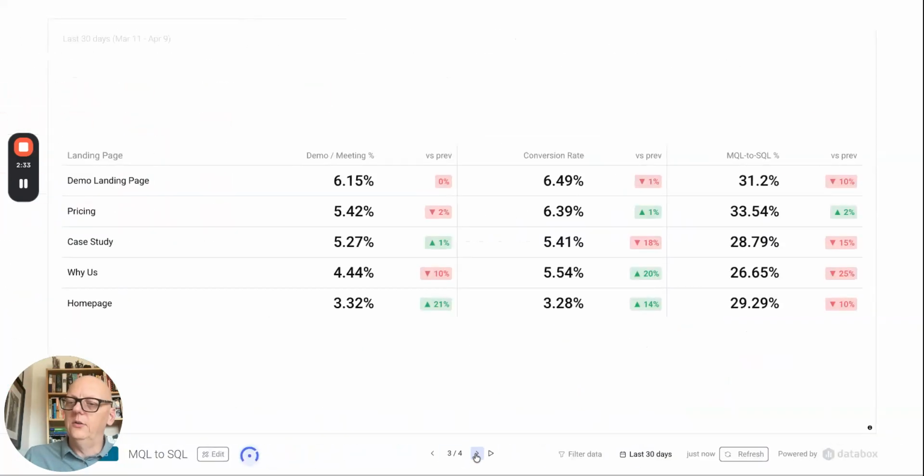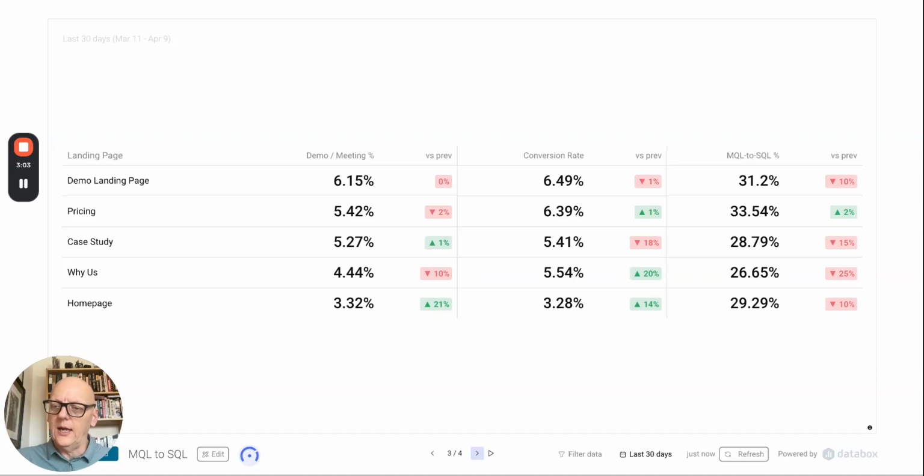And then when we get into stage 2, which is going to be the MQL to SQL stage, that's going to measure the on-site messaging effectiveness: our website, our homepage, our various vertical landing pages and high intent landing pages. We're going to look at the demo meeting request rate there. That's of the MQLs who land on the site, what percentage actually book a call.